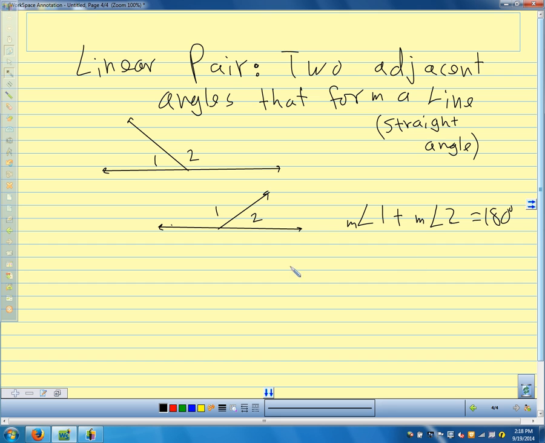So we're going to say linear pairs are supplementary. If we know they're a linear pair, we know the two add up to 180 degrees, or we know they are supplementary. All of those things mean the same thing: linear pair, supplementary, add up to 180. That tells us we have two angles that are side by side that make up a straight line.